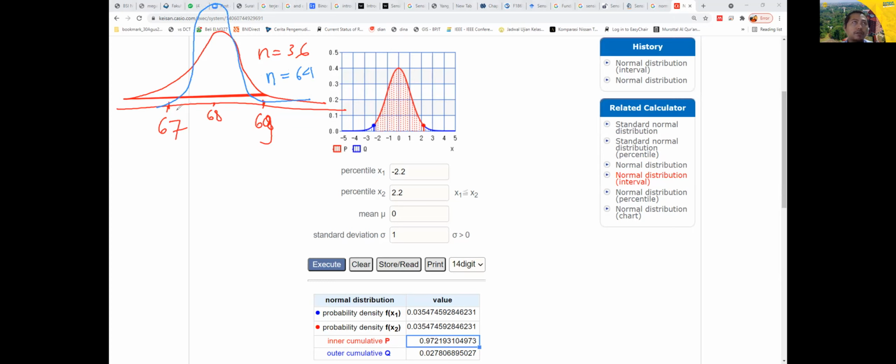The sharper, when you still have some critical value, in this case, the area of the beta blue is greater than the beta red. You can see here. So I hope it's clear.